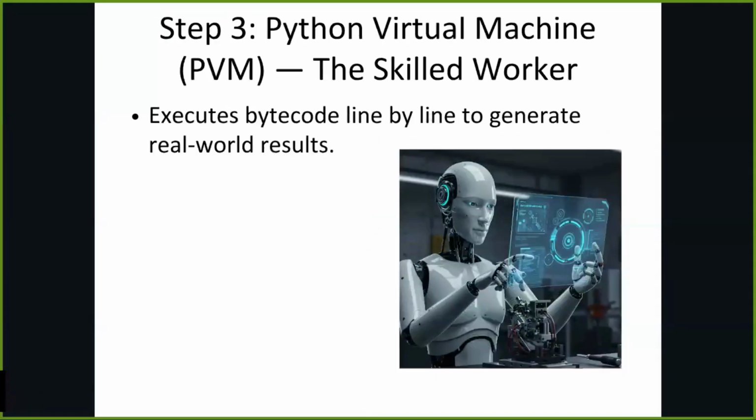The last step is the Python virtual machine. Once the source code is transformed into bytecode in the form of zeros and ones, the Python virtual machine, or PVM, can understand it and perform any calculations in that bytecode.